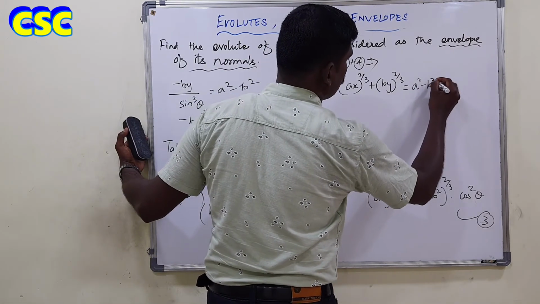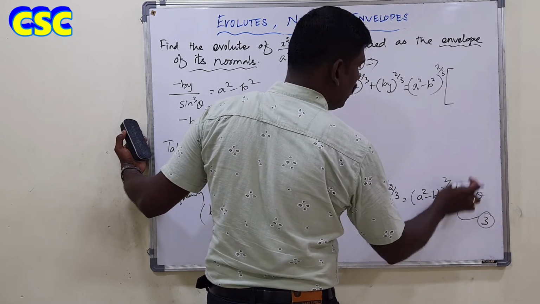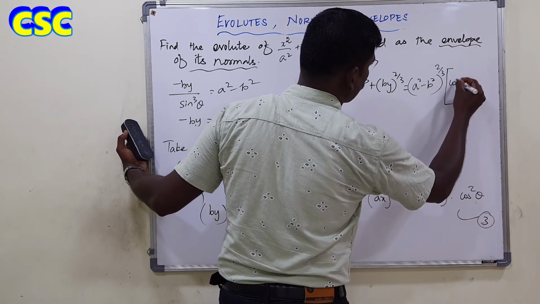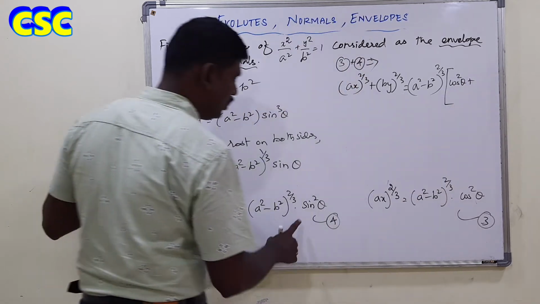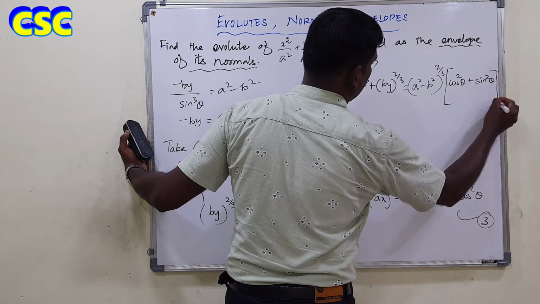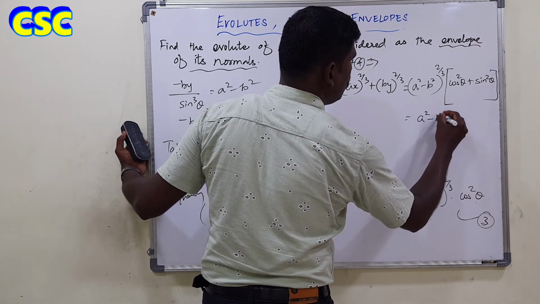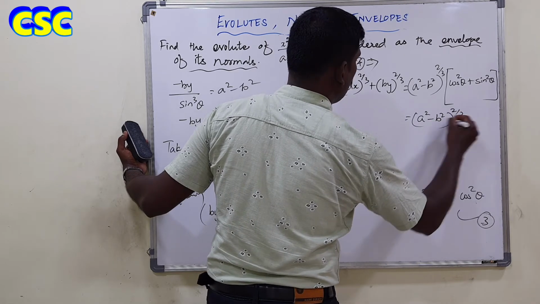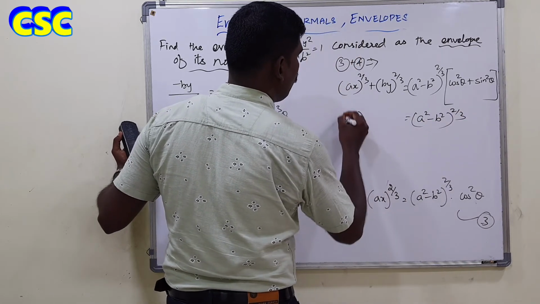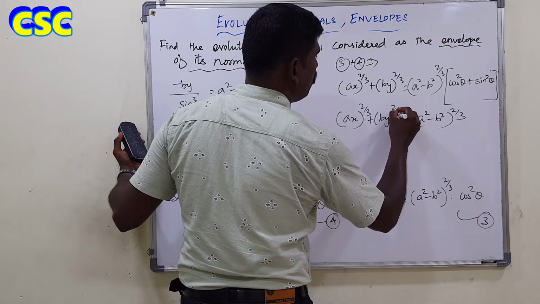What is remaining in the third one? Cos square theta. What is remaining in the fourth one? Sin square theta. So cos square plus sin square becomes 1. So a square minus b square to the power 2 by 3 is the value of ax power 2 by 3 plus by power 2 by 3.